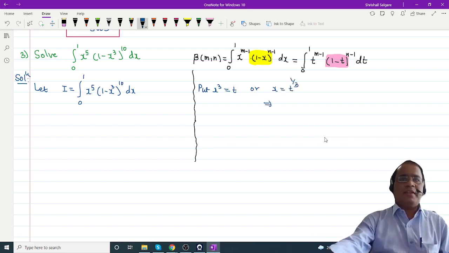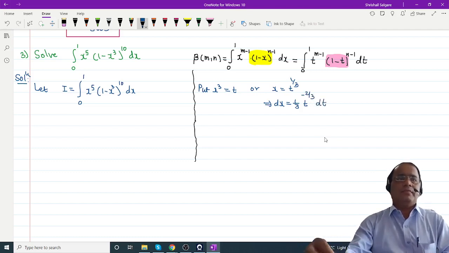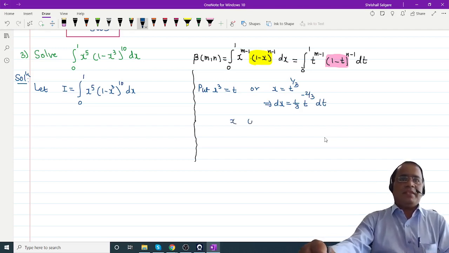And if you differentiate, dx is given by 1 by 3 into t raised to 1 by 3 minus 1, which comes as t raised to minus 2 by 3. Confirm it. Now the limits. Given limits for x are 0 to 1, new limits for t. Try to complete the table. 0 and 1. Yes, it remains the same because they are linear. Okay, so 0 and 1.